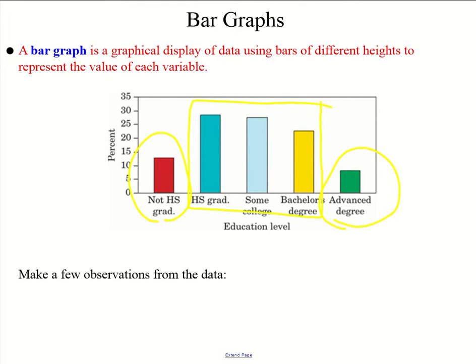These are some observations that we can make from this data. We can say the smallest category is advanced degrees, and that makes sense. It takes the longest amount of time, amount of work. The highest category is high school graduate, and that would make sense in our culture. We really value high school diplomas, so it makes sense that that's the highest. But if you look at some college, that's pretty close in comparison.